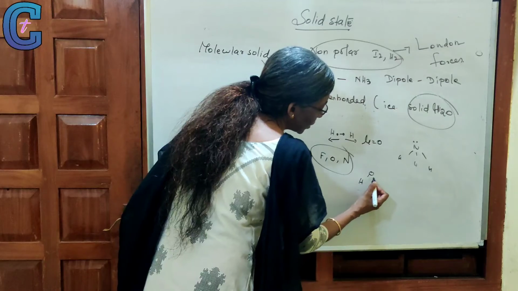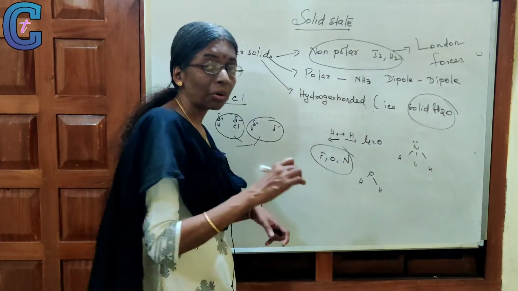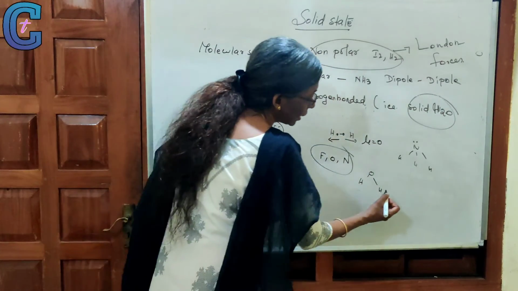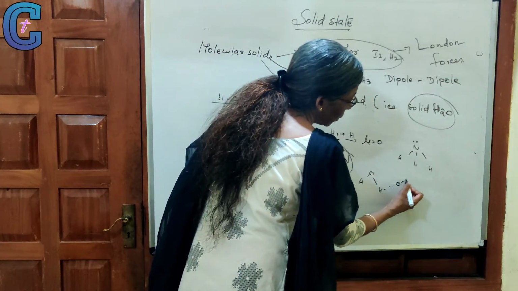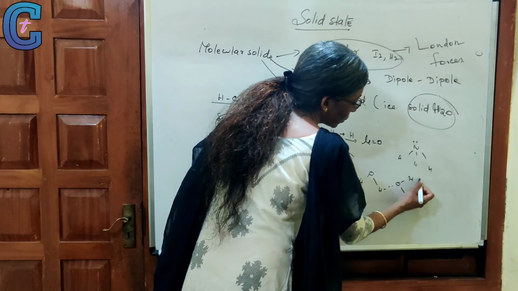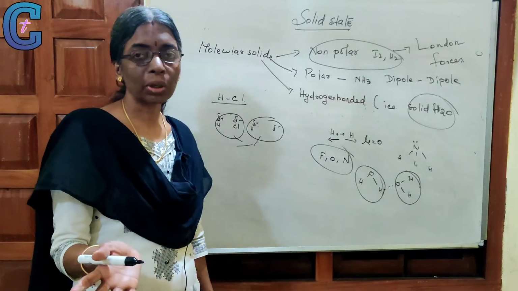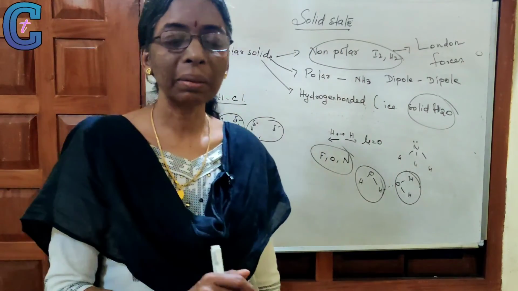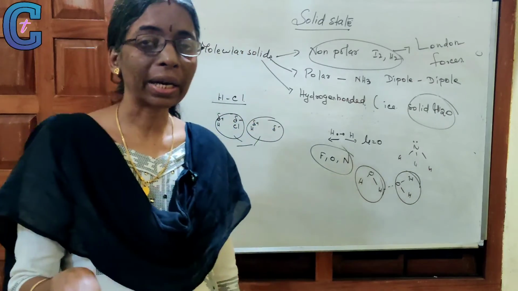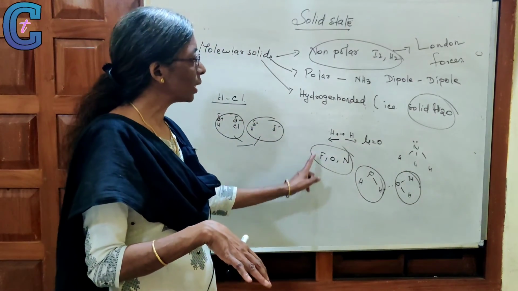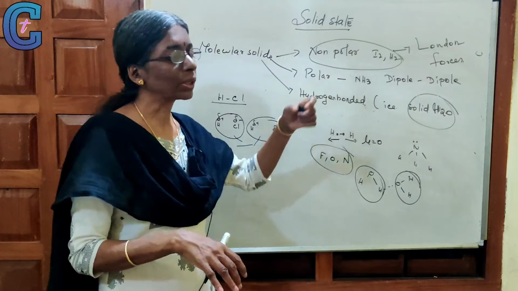This is H, water, and another water molecule, OH. This is one water molecule, this is another water molecule. Both water molecules are connected by hydrogen bonding. So their attractive forces are hydrogen bonding here, dipole-dipole here, and London forces here.